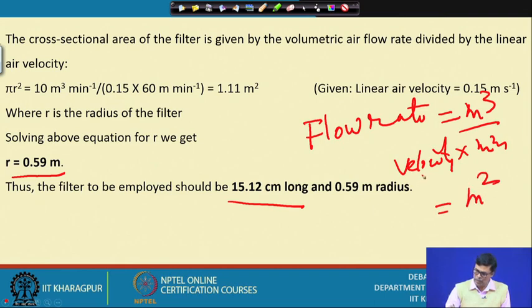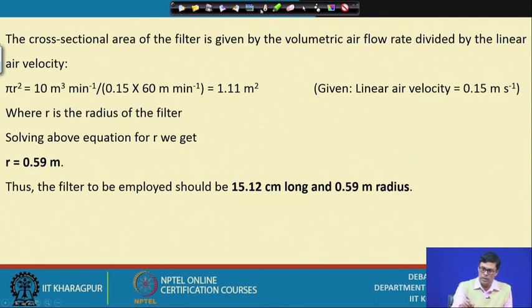What is the velocity? Velocity is meter per minute. Am I right? So, minute will cancel, and meter will cancel to give square, so it will be area. So, we can easily do that. This is how we can calculate the radius and the length of the air filter.